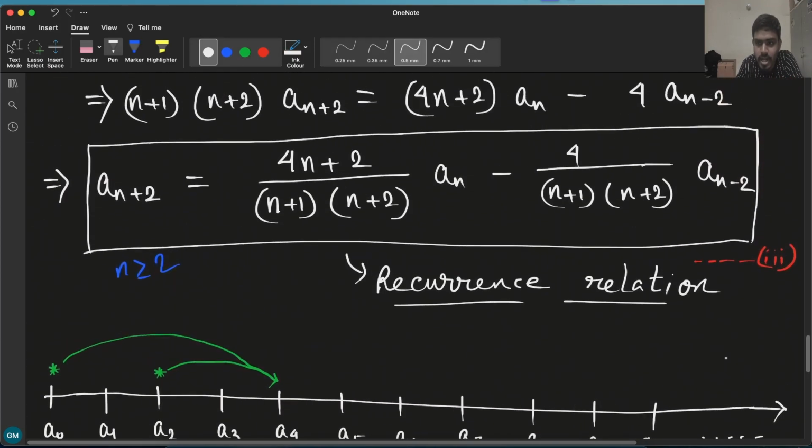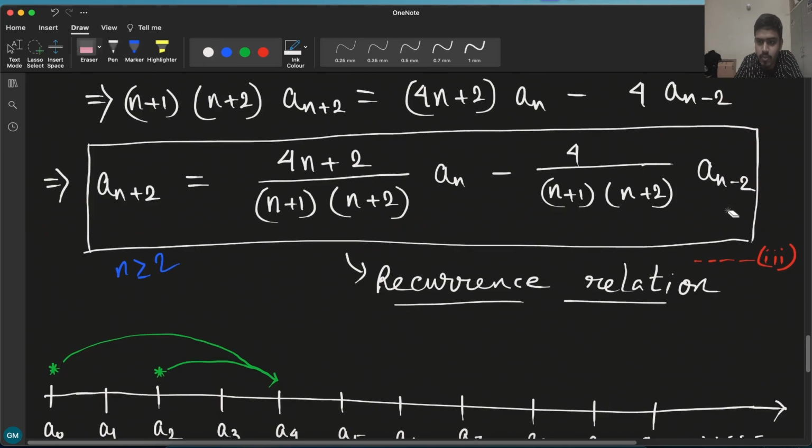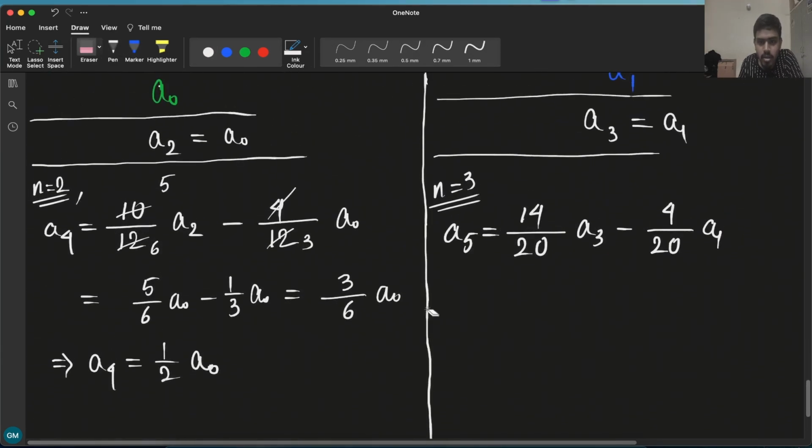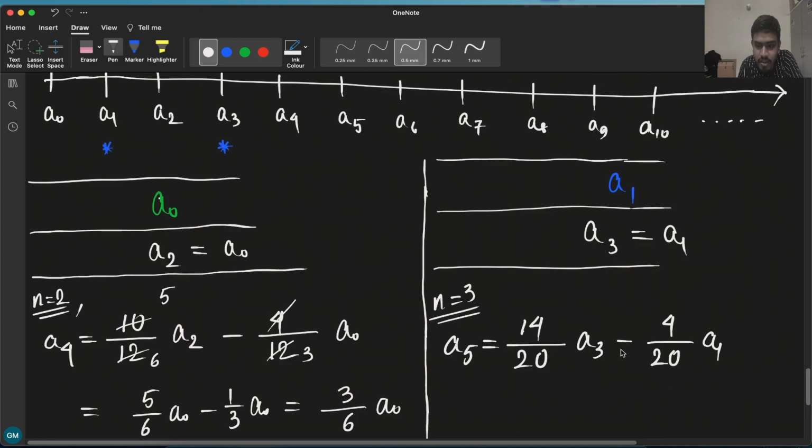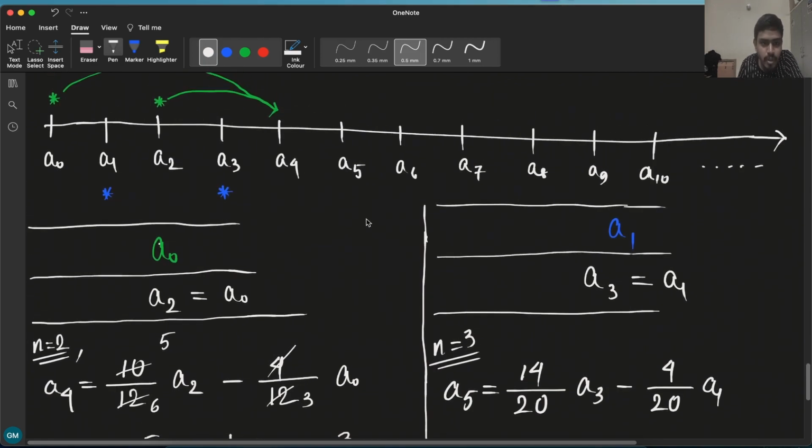Because n equals 3 and n minus 2, a(n-2), that means a1. And so here you can notice that we can find a5 in terms of a3 and a1. So if one knows a3 and a1, then we can get a5.